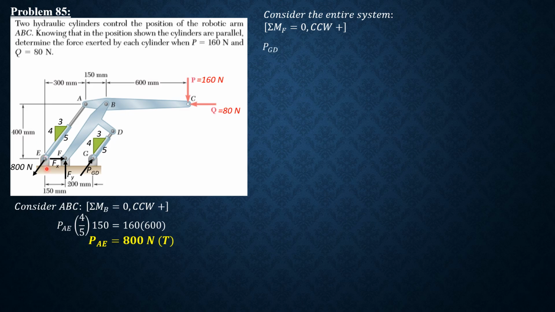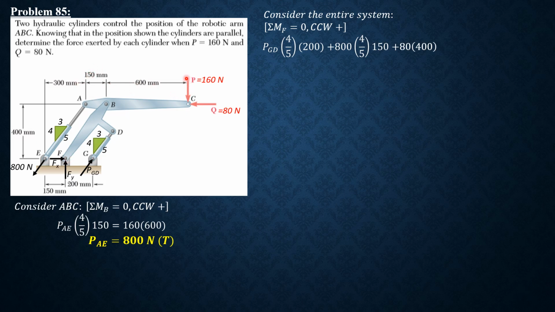So plus 800 times 4 over 5 times 150, then plus 80, this is also counterclockwise, times 400, then equals clockwise movement 160 times the total distance to E, which is 600 plus 150 plus 300, that's 1050, then minus 150, so it's just like removing this, so 900.